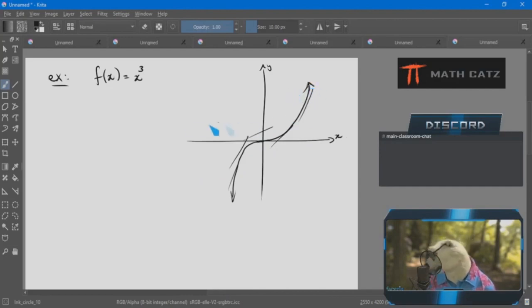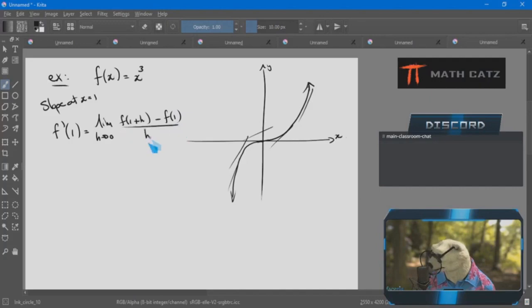sure, I can go and pick a specific x value, plug in the limit definition, and say, for example, let's say I want to know the slope at x equal to 1. Well, that is the derivative at 1. I set up my limit definition, f of 1 plus h minus f of 1 over h equals.